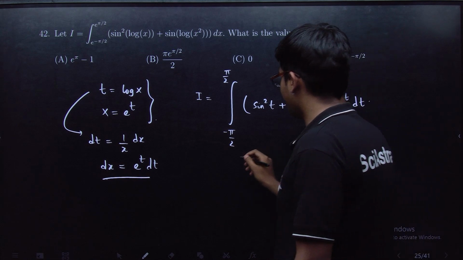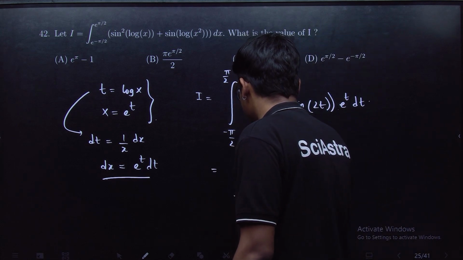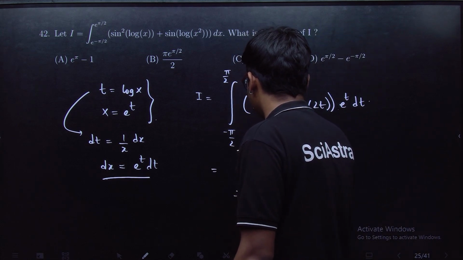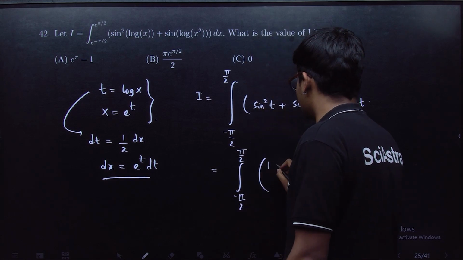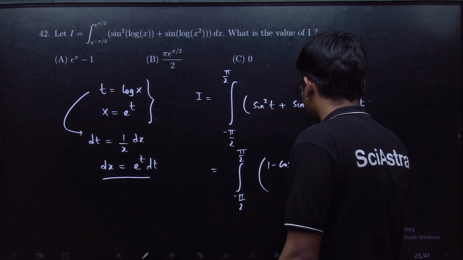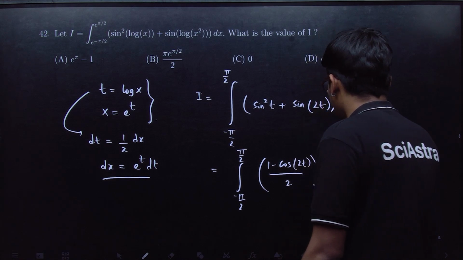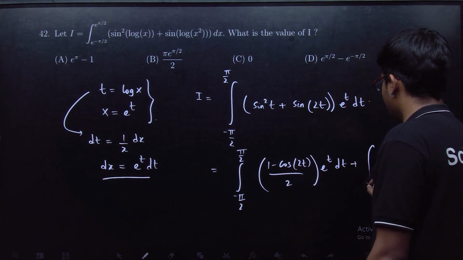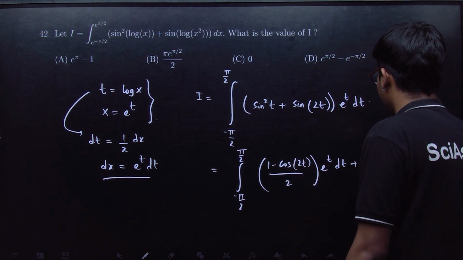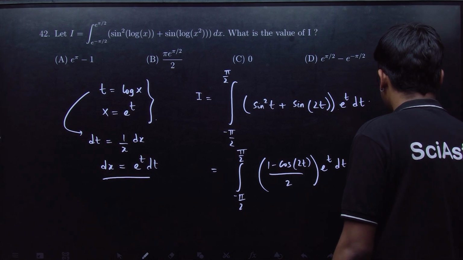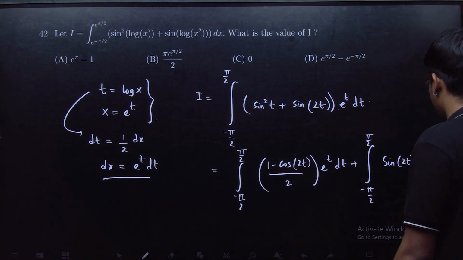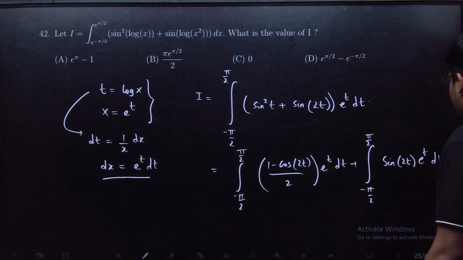Now what do we do from here? We can break this as two different integrals, from minus pi by 2 to pi by 2. Sine square we can break as (1 minus cos 2t) divided by 2, times e to the power t dt, plus the integral from minus pi by 2 to pi by 2 of sine 2t e to the power t dt, right? Okay. Now what's the next obvious step? We just integrate both of these using by parts, right? Or we can further split this first integral, okay?